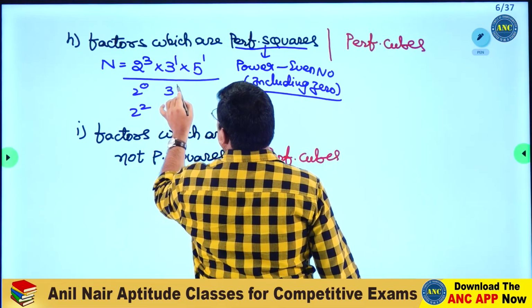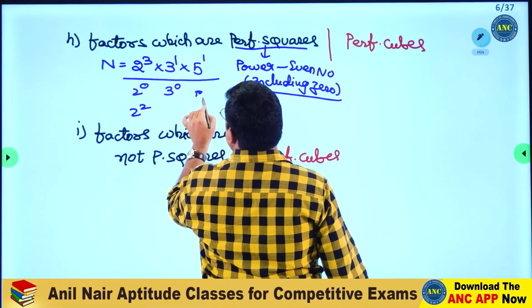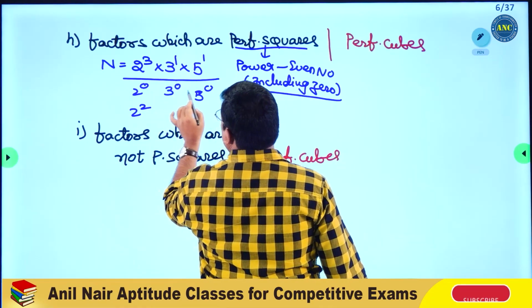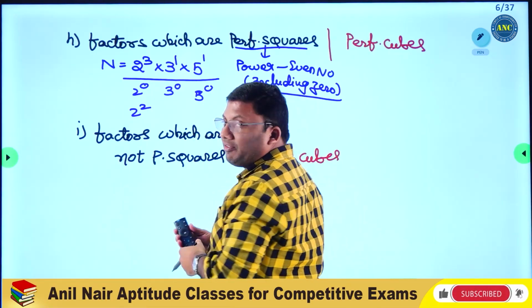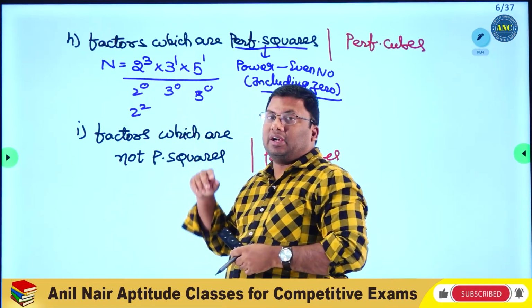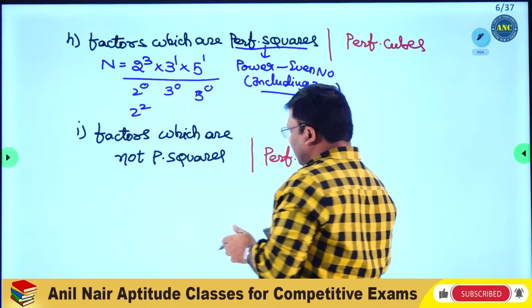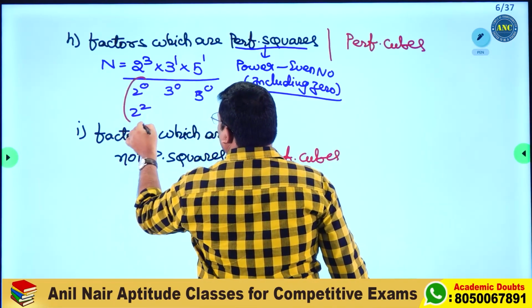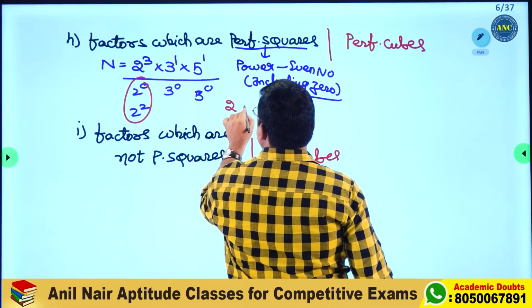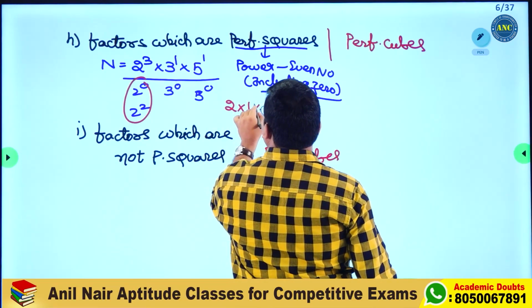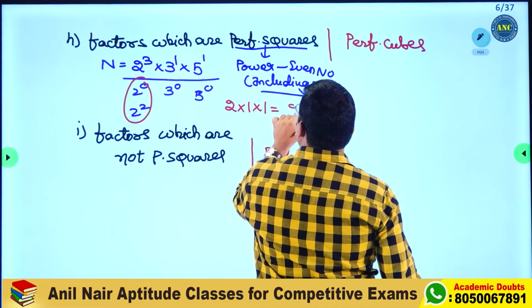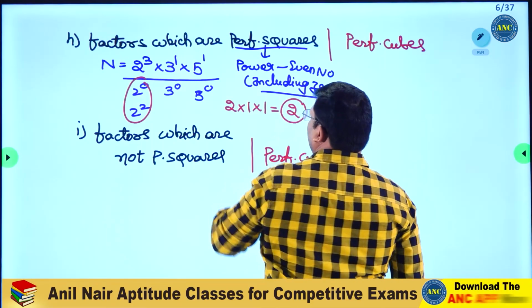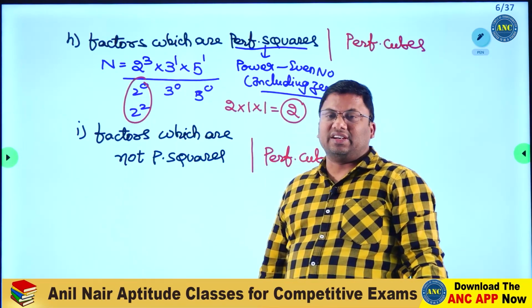Here it is 3 power 0, here it is 5 power 0. 4 into 1 into 1. 4 is a perfect square, 1 is a perfect square. So here it will be 2 power 0, 2 power 2: 2 choices, then 1, then 1. So the total number of factors which are perfect squares is 2.